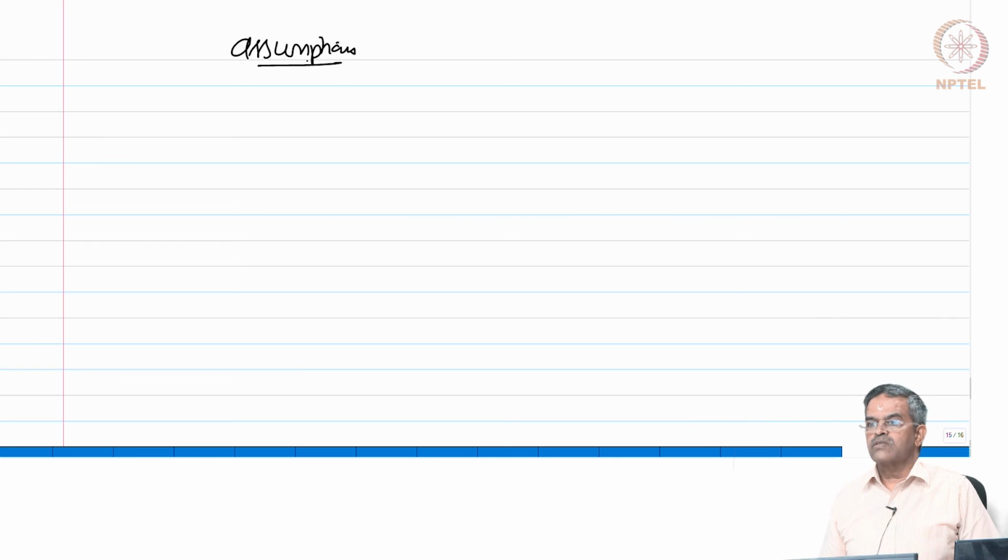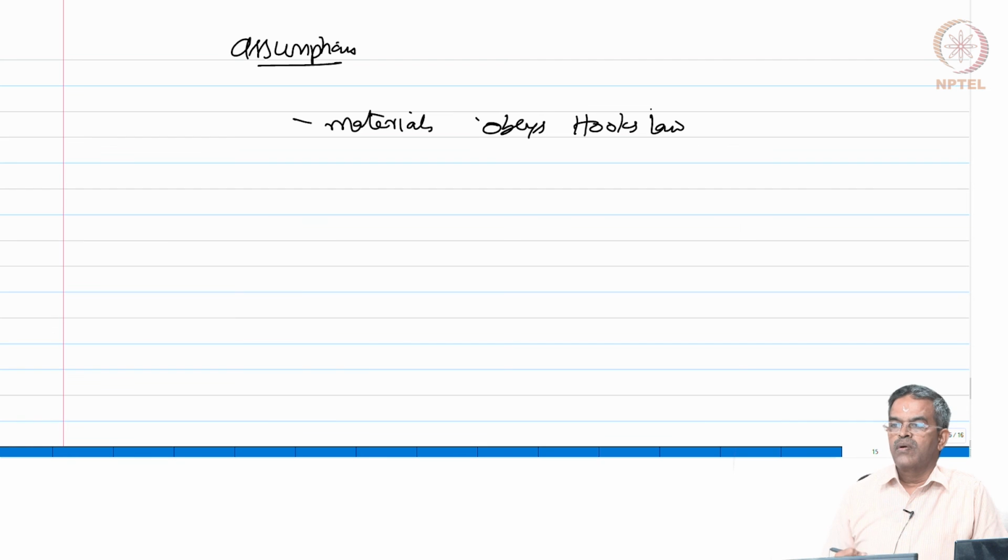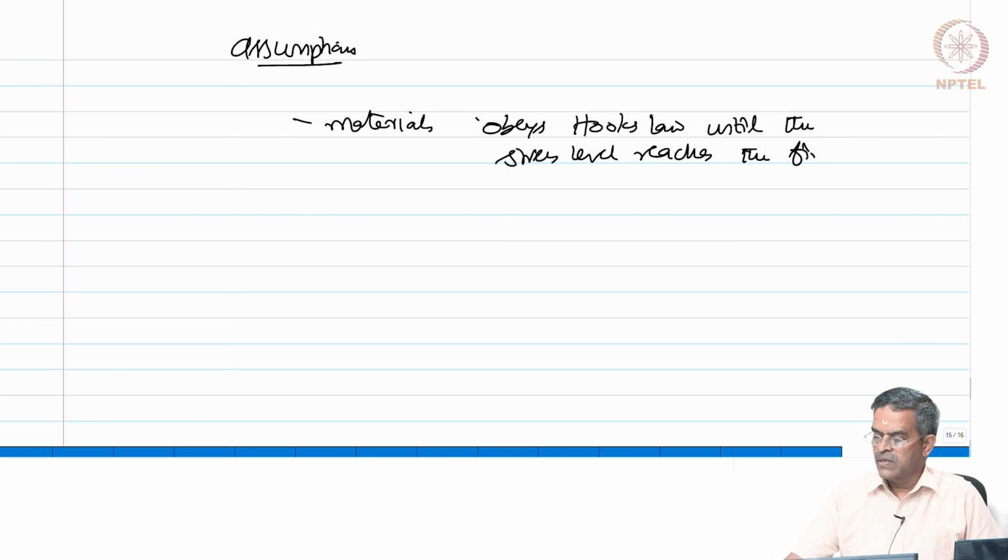The valid assumptions could be: the material obeys Hooke's law until the stress level reaches the first yield point.